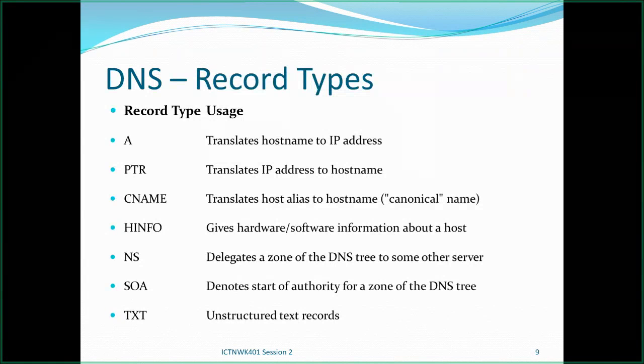PTR is the IP address to hostname, so the reverse of A. And CNAME is aliases to the hostname. So basically, whatever the primary server name is, it can be referred to by other names using the CNAME records, so it will translate aliases to the original host name.